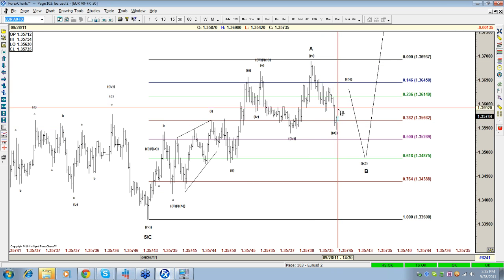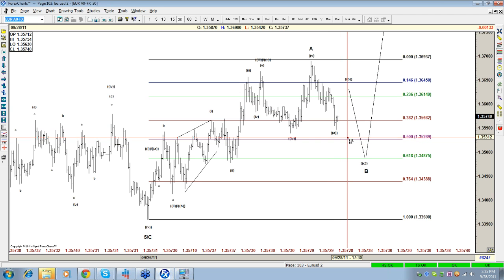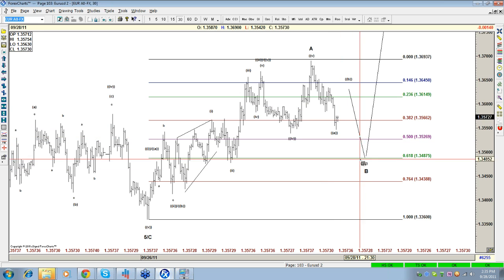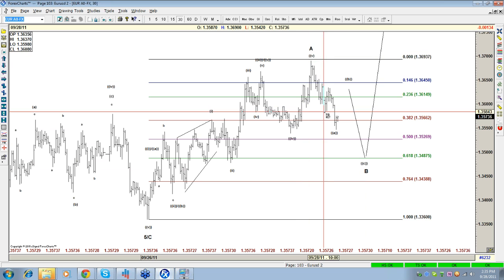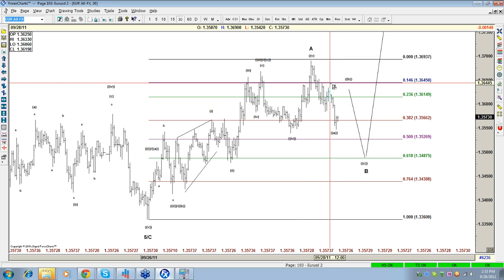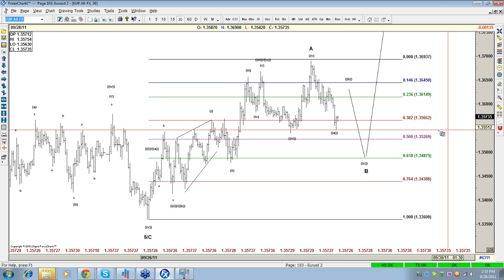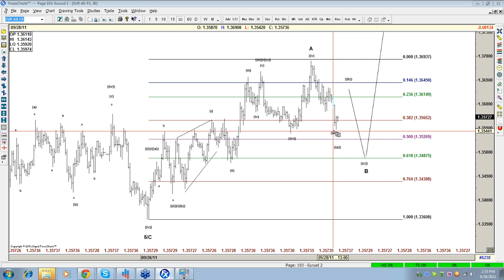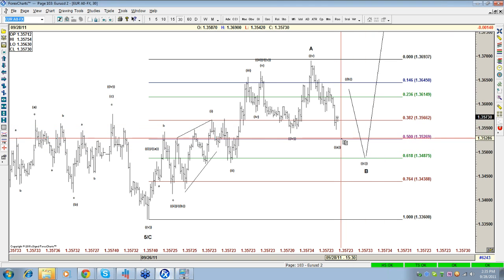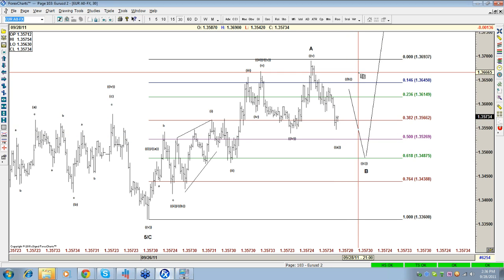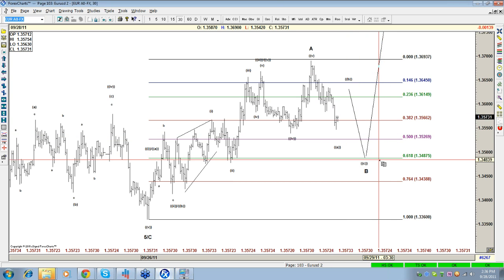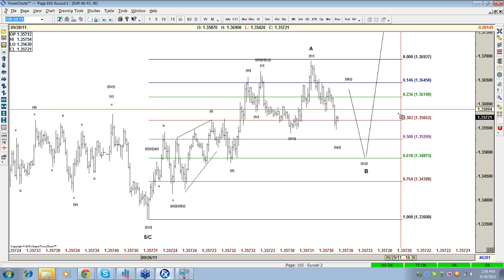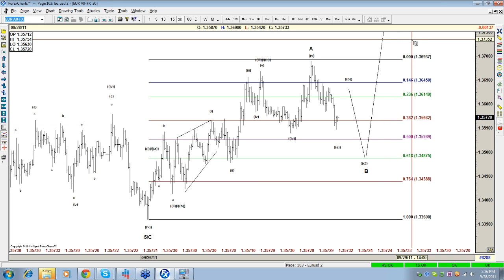I don't think that this is all we're gonna get in the B wave. I believe that maybe it did a flat B, and it's gonna end the C wave around the 50% retracement here. We should trade higher and lower to test 3480 before going higher in 5 waves.